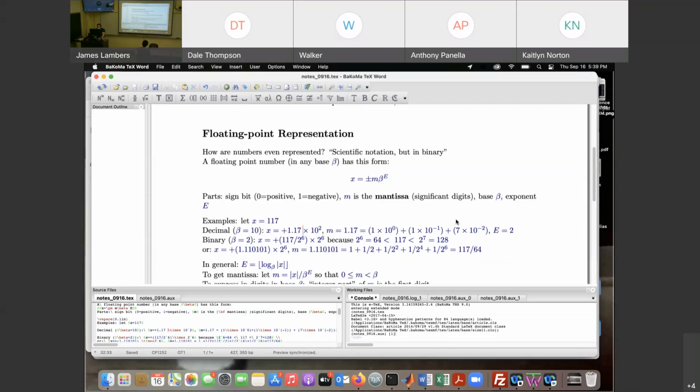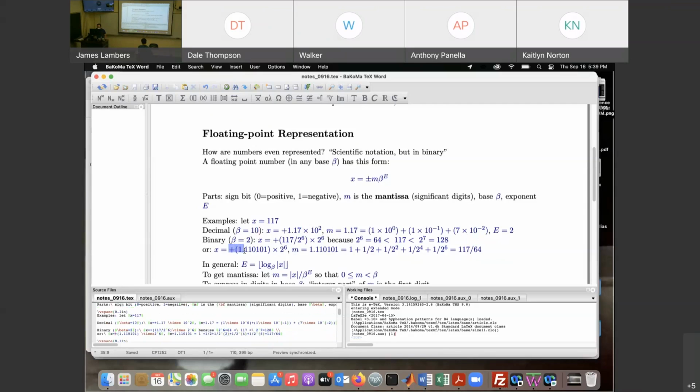So I want to look at 117 in binary, so now beta is equal to 2. Then this right here is the binary scientific notation version of 117, where the exponent is 6.